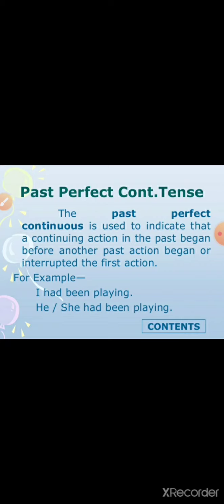So, any action that takes place in the past and is continuing until another time in the past is past perfect continuous tense. Another example you can use is she had been searching for me since 2 o'clock. Okay, so all these examples, again you can go to the chart and you can use the rules and you can just frame different examples.